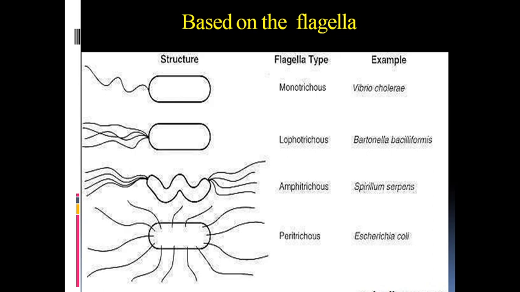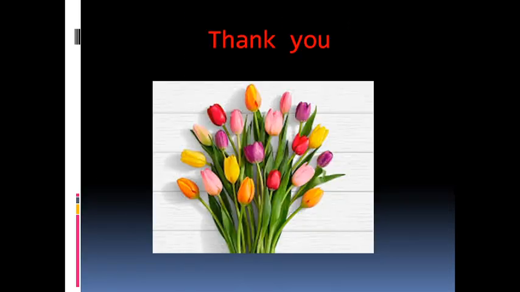That is, structure of the bacteria and classification of the bacteria. So, by this, the first unit of the microbiology has been completed. Regarding the virus and the other parasites, we will discuss in the other units. I hope all of you have understood the topic. Thank you.